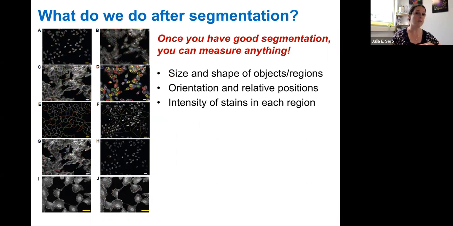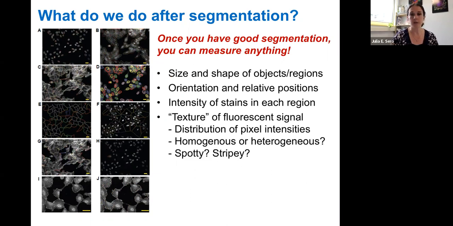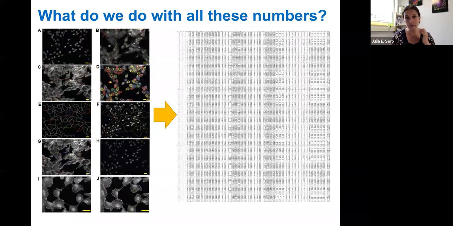Anything we've stained, we can measure its intensity in every region. We can also measure what's called the texture of the signal. That's asking, what's the distribution of pixel intensities? Remember, the PCNA could be kind of uniform or it could be speckly. So is it homogeneous, heterogeneous? Are there spots? Are there stripes? And that gives us a ton of information.